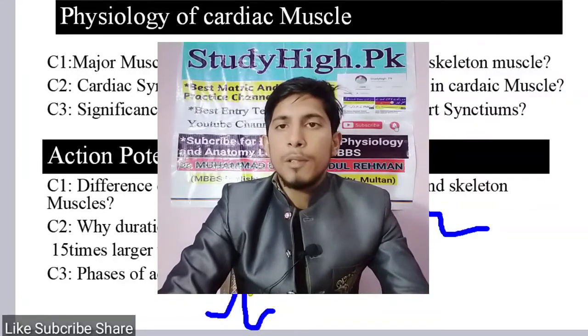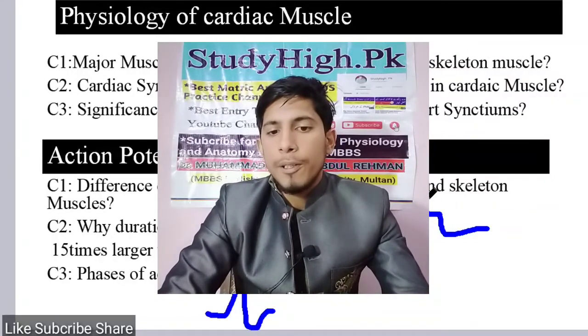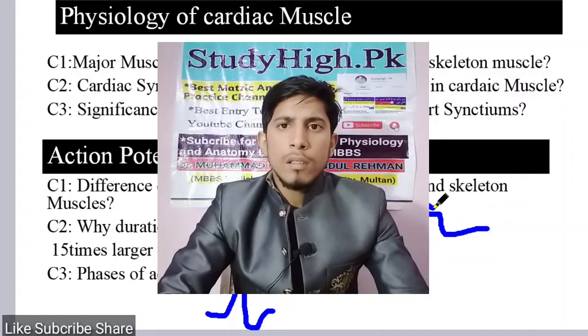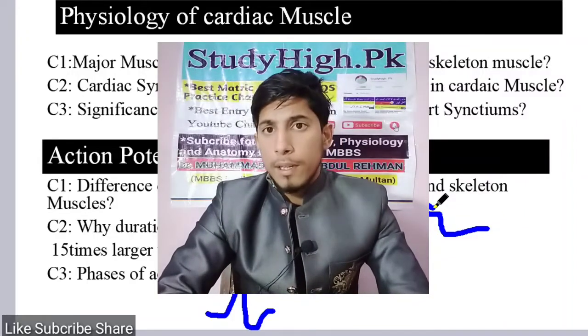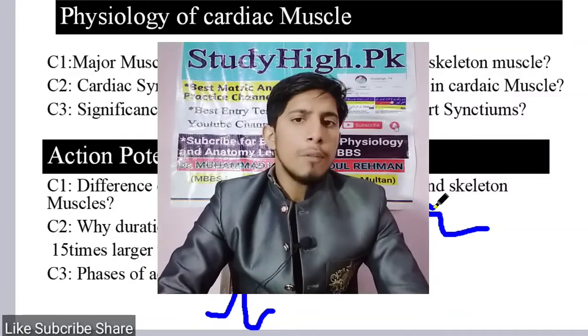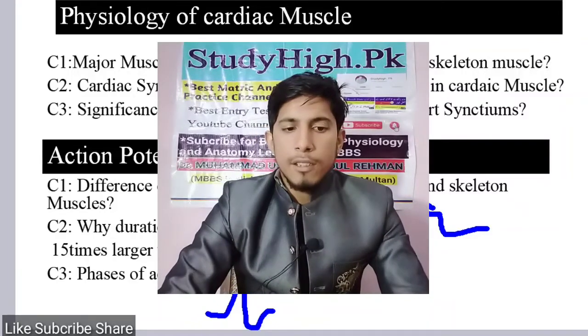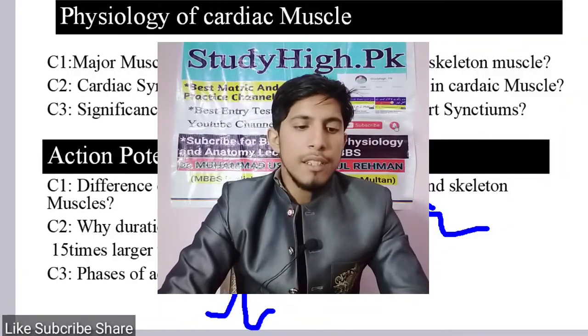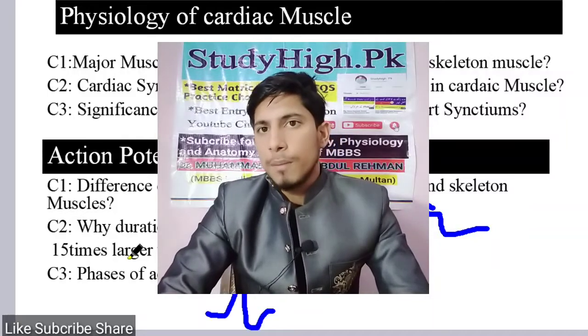There is no plateau in skeletal muscles, whereas cardiac muscles remain depolarized for a longer time. Because of this, the duration of ventricular contraction is 15 times longer than in skeletal muscles.